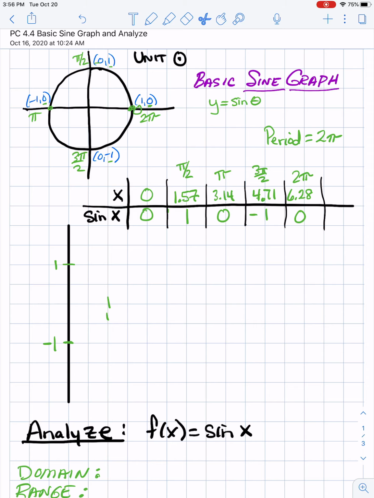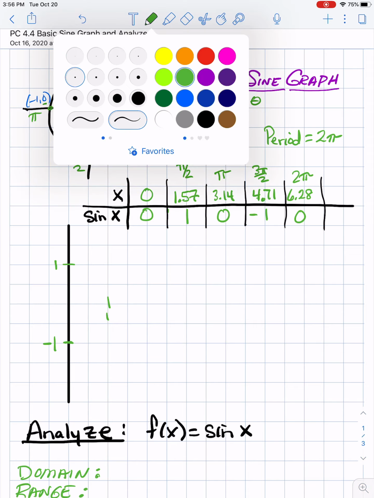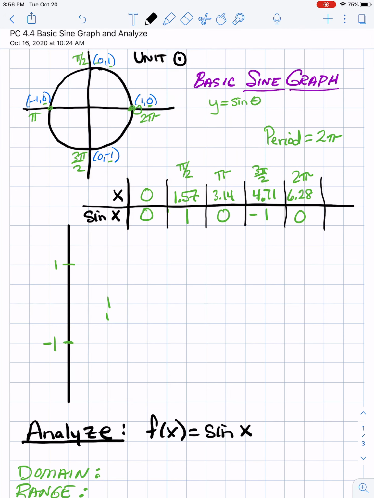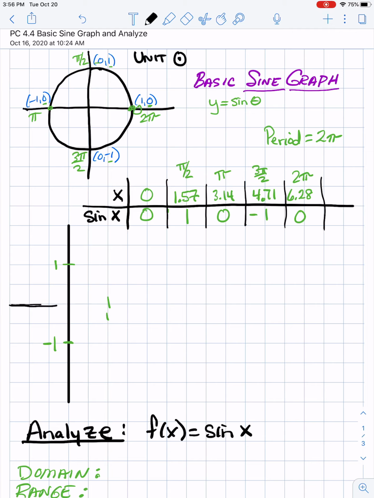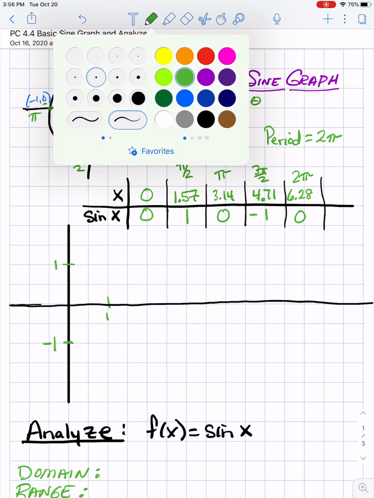Well, this was going to work, and now I just messed it all up. All right, sorry folks. Let me get back here with you so it looks a little better. It helps if I have my x-axis on here. There we go. Sorry for that interruption.